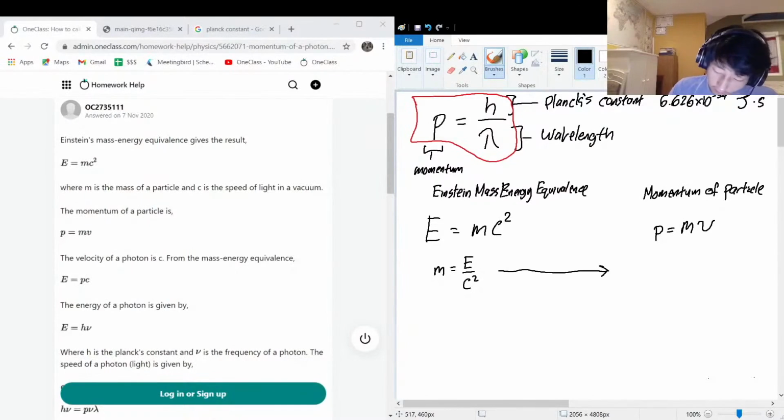Sub that into here for mass. The momentum is equal to the energy divided by c squared, which is the speed of light, multiplied by the velocity of the particle. But since v is equal to c, we can simplify this so we will just have E over C.